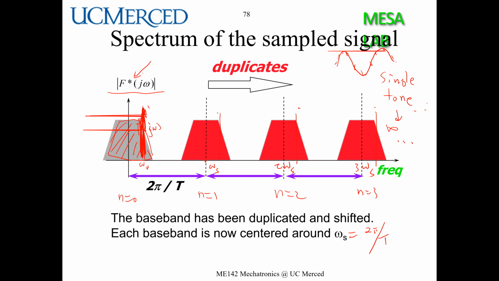So let's pause and think. Whenever people ask you, this signal is sampled, then after sampling, how many frequency contents are in the sampled signal? You don't need to wait a minute. Just say infinitely many, okay? Because they are going to duplicate.